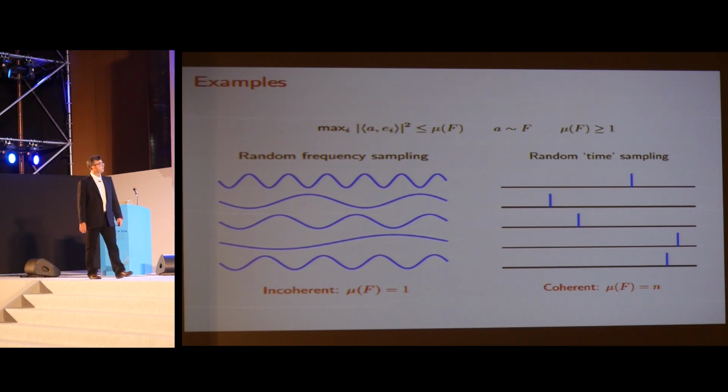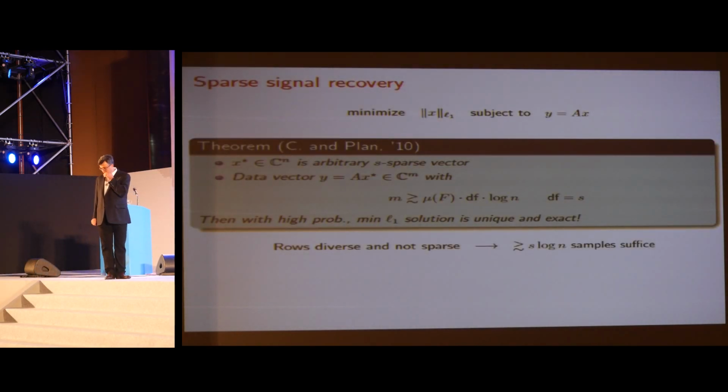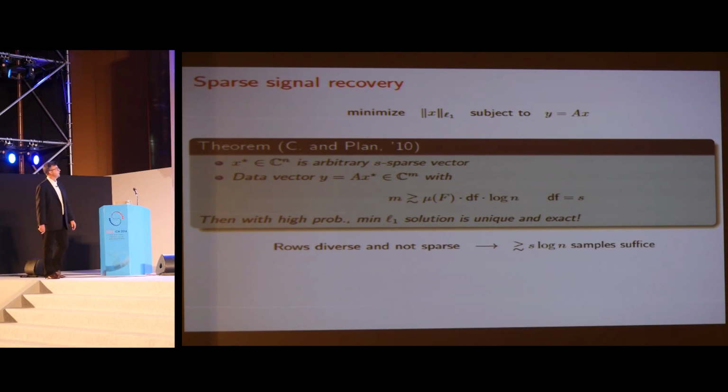Regardless of the value of the coherence parameter, we have a result that says the following. Consider an arbitrary S-sparse vector, so a vector with S non-zero coefficients, and collect measurements of the form y equals A x star.